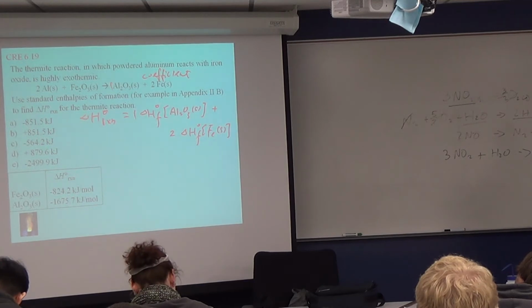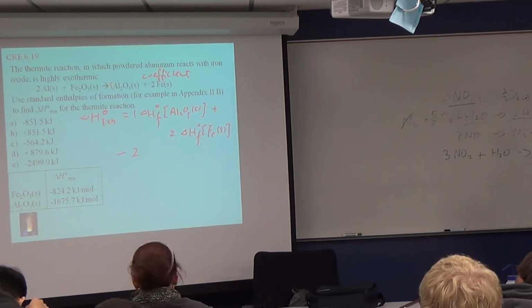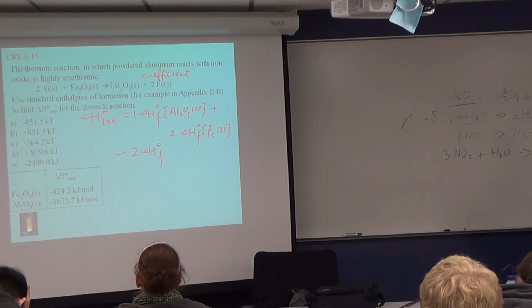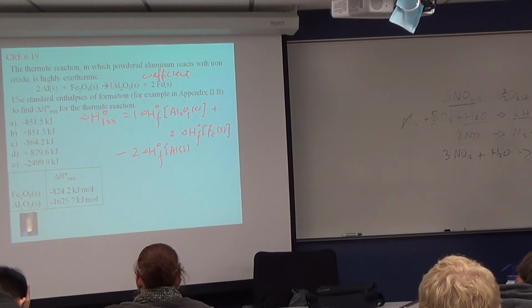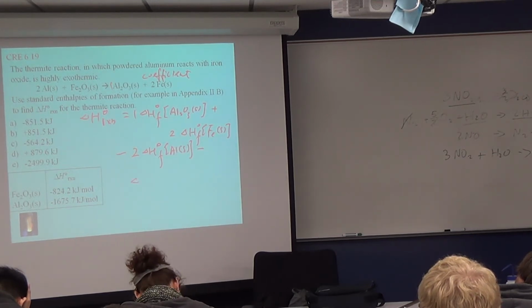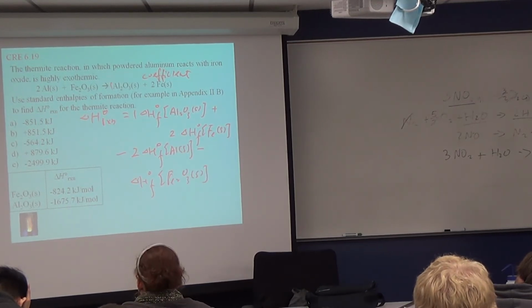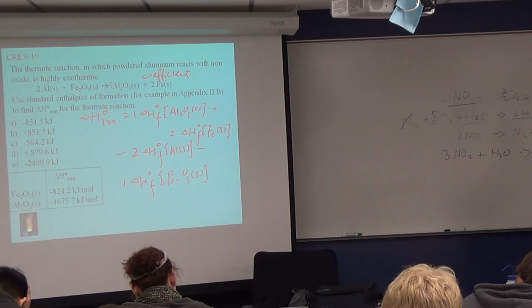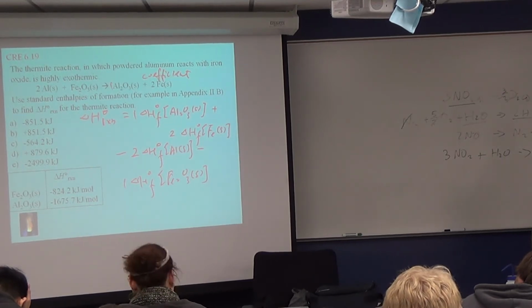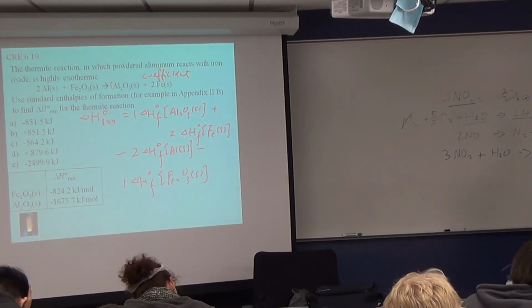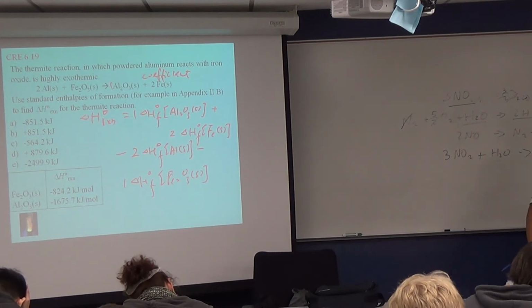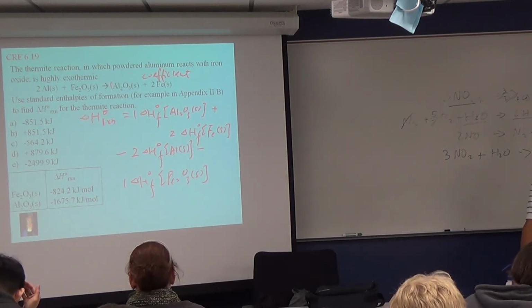So those are all the products, so then you just subtract what? 2 times delta H0F for the Al solid, then minus the delta H0F for the Fe2O3 solid, and this also 1 here. Any questions? Ask me. If you don't ask, you see that one number, you don't know where it comes from.